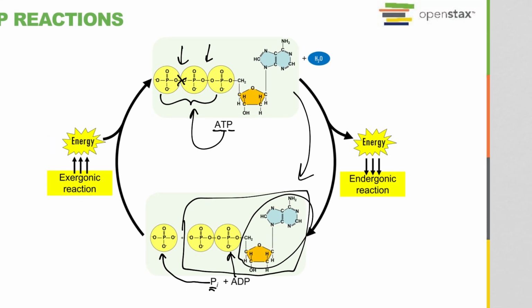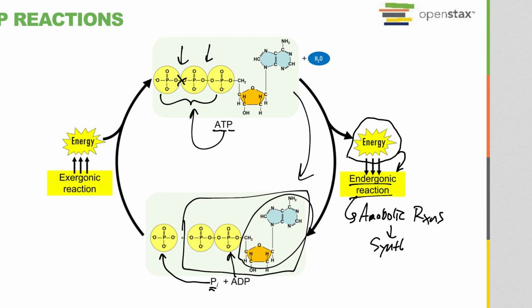When you broke that third phosphate off, the energy that was released from it, you can use that energy to fuel, right, endergonic reactions. And remember, endergonic just means requires energy, and so you're using ATP to fuel those anabolic reactions throughout a cell. That mostly means synthesis, right?